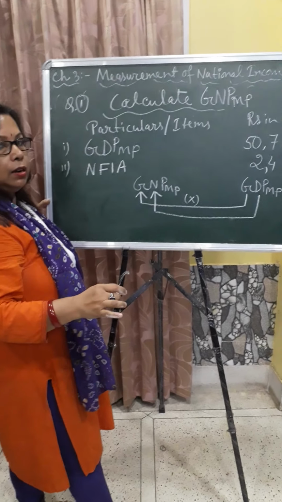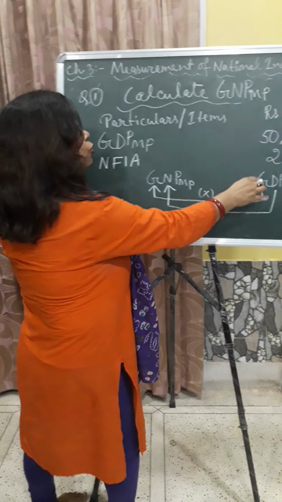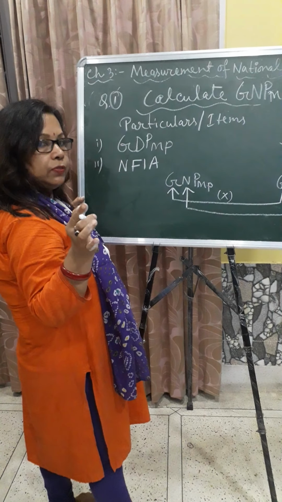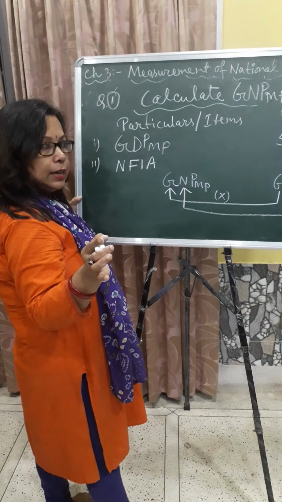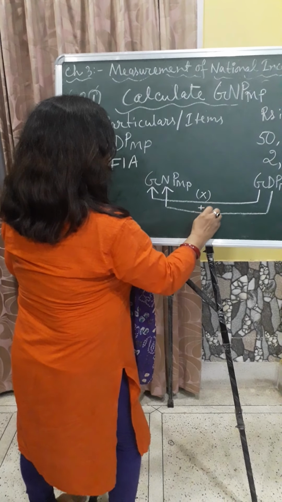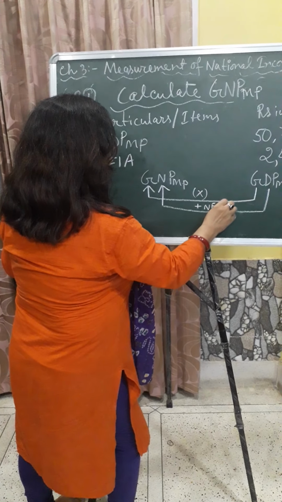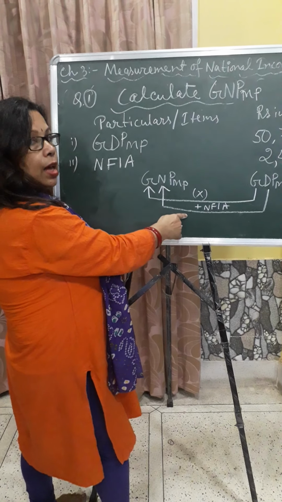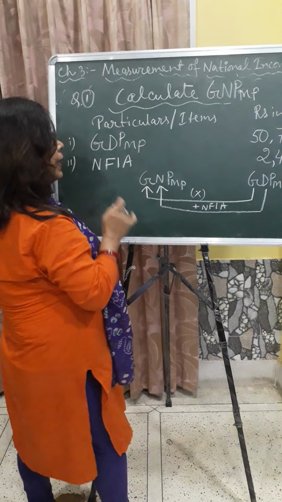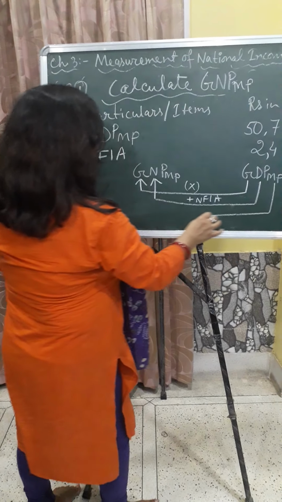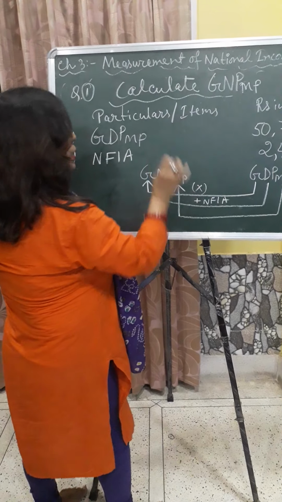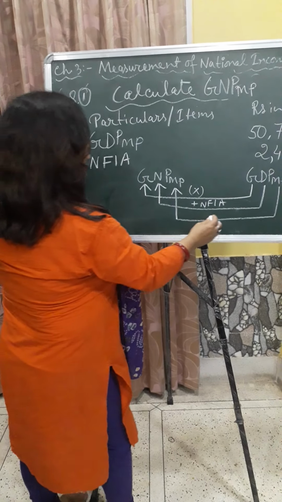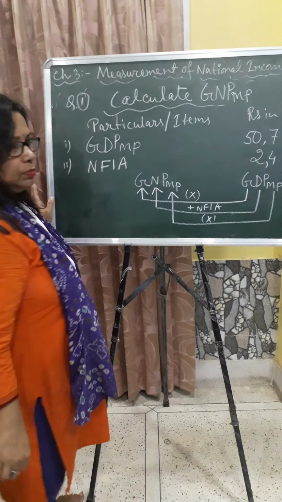We have to convert domestic income to national income, so you know how to convert: plus NFIA. Domestic to national we add NFIA. Next, MP to MP. Here is market price, here is also market price, same, so you cross. Clear?